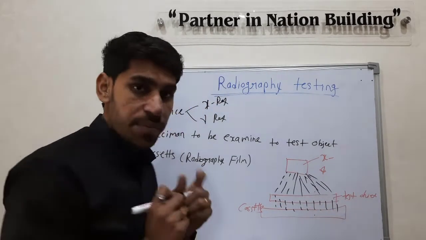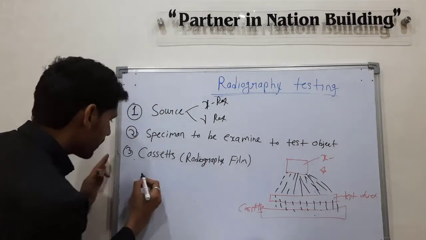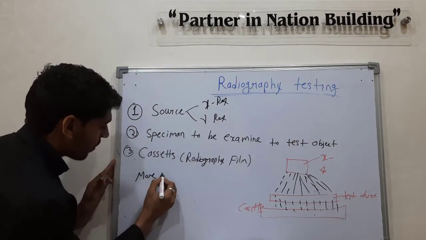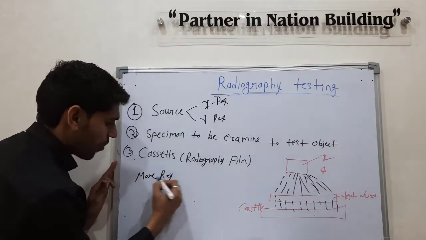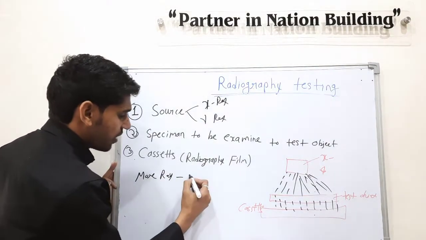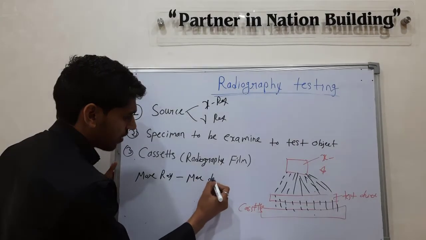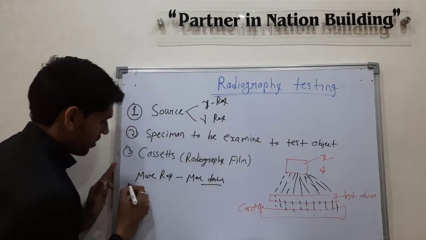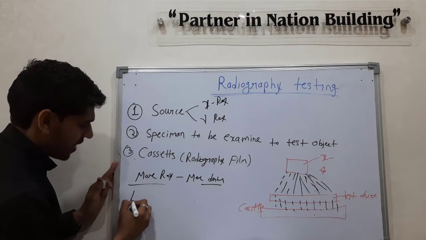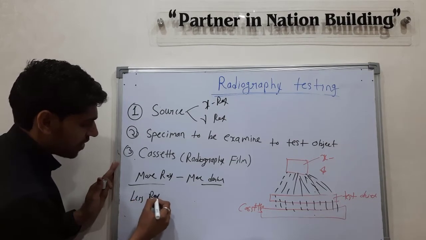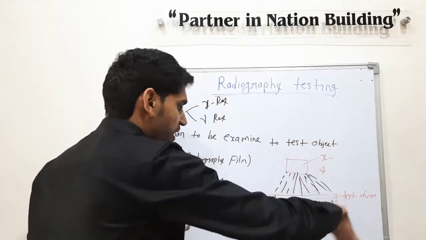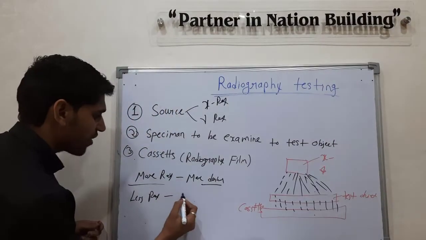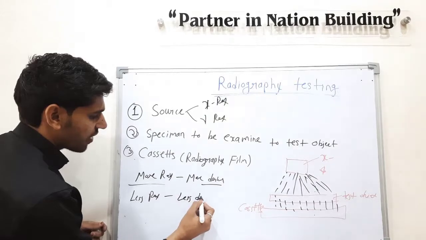One concept you need to know here is that if the intensity of the X-rays is more, then it will be darker. If there are fewer rays, meaning the X-rays are being absorbed more and going out less, then it will be less dark.